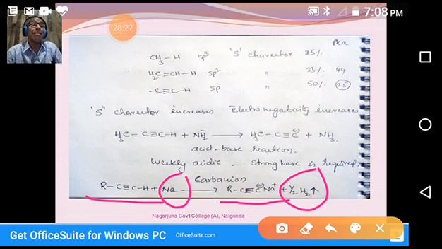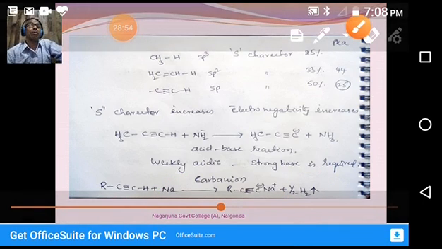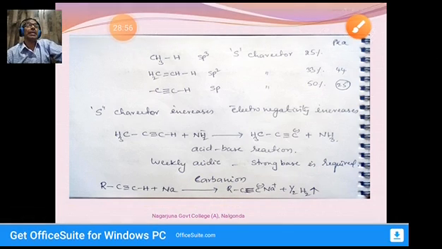In this way also we can explain the acidic nature of terminal alkynes. These terminal alkynes in reaction with sodium metal generate hydrogen gas by giving corresponding anions, carbanions. These are called acetylides. So this is something about the carbanion in alkynes.